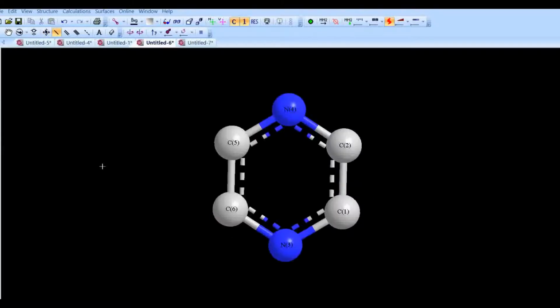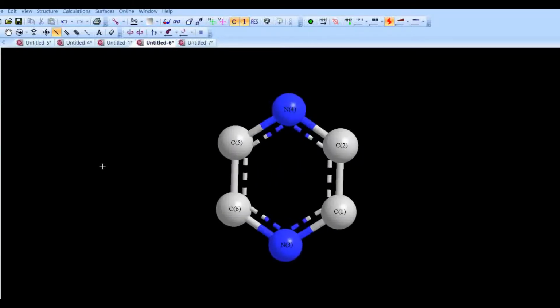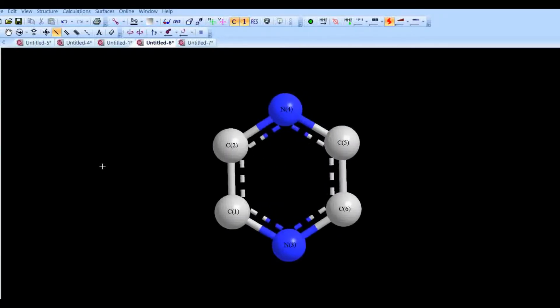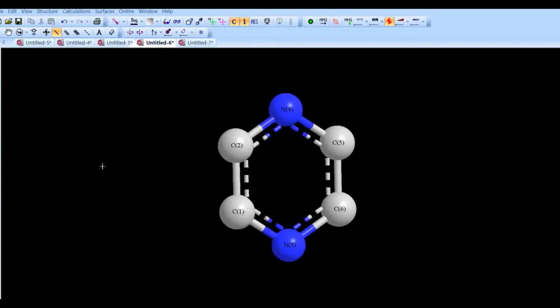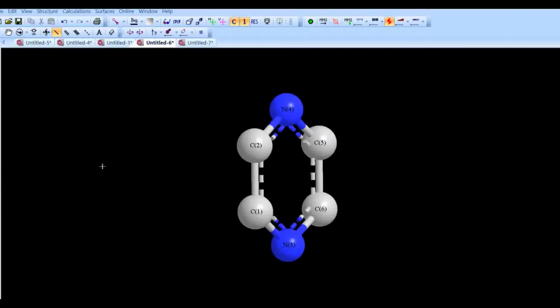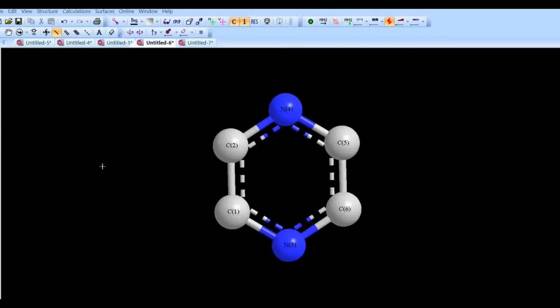So this is your pyrazine molecule, and you can see this is one of the C2 rotations. Then I will show you one more C2 rotation, which we will call the principal axis, because that is the most important part of this.